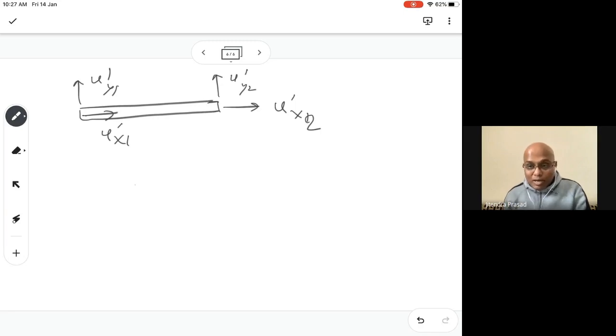This is the original one, and this will have K dash, let's call it the corresponding stiffness matrix.